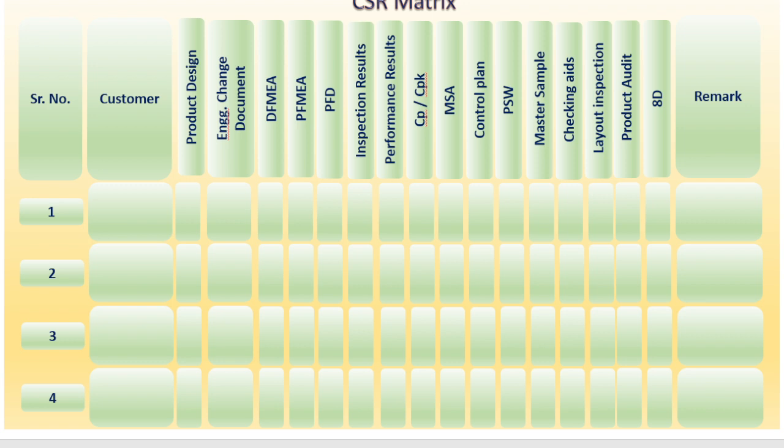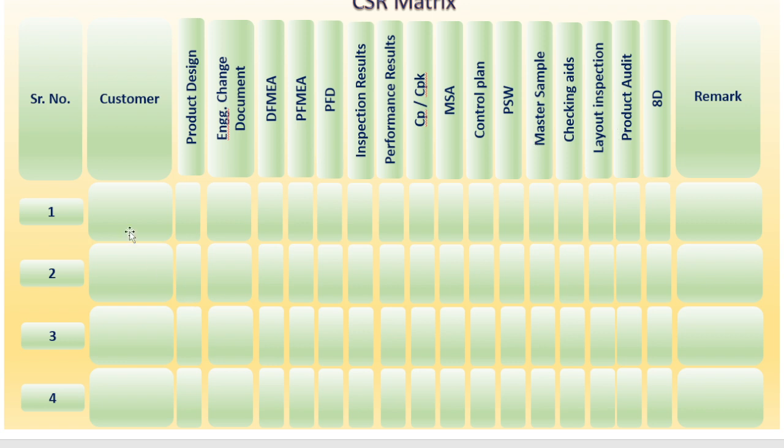So now finally you need to have a CSR matrix. CSR is the customer specific requirement matrix. You can include here serial number, then customer, different customers, and whether, for example, product design may be required by one customer, while another customer may not require it, or engineering change documentation, DFMEA, PFMEA, all these documents.